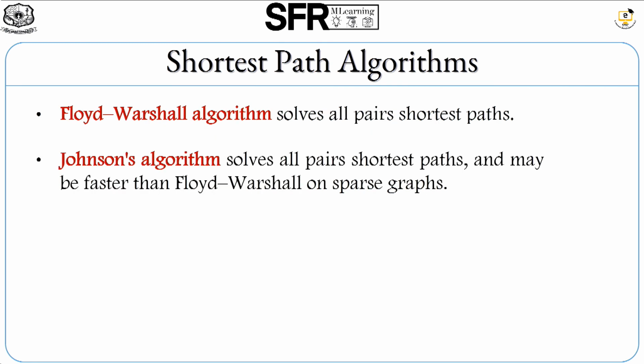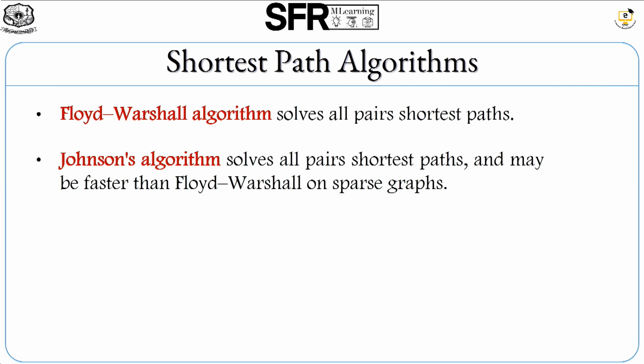And finally, for all pairs shortest path, you can use the Floyd-Warshall algorithm and the Johnson algorithm. The Johnson algorithm is faster than Floyd-Warshall on sparse graphs only.